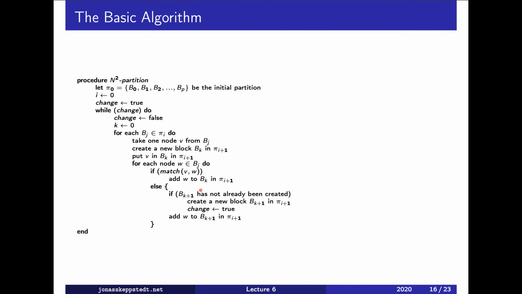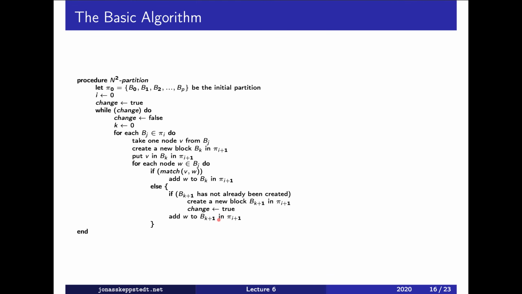And if not, we create a new block for the one which is not equivalent to V. And well, we check if we have already created this or not. And if we have not, then there is a change. So we will iterate more. Then we add this other instruction to that block.